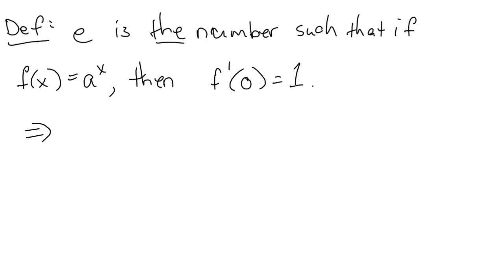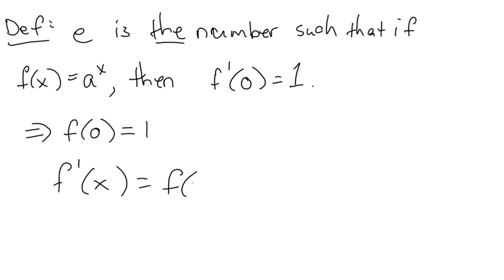This has the really nice implication that f of 0 equals 1, right? A to the anything to the 0 equals 1. And f prime of x is equal to f of x. Not times some weird constant, just the function is equal to its derivative.